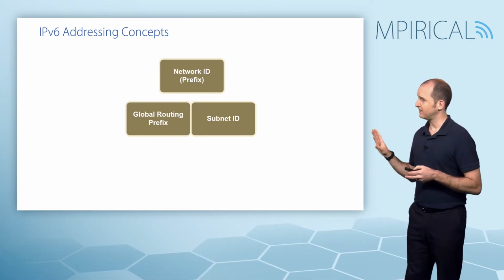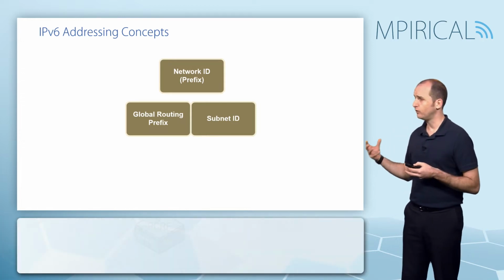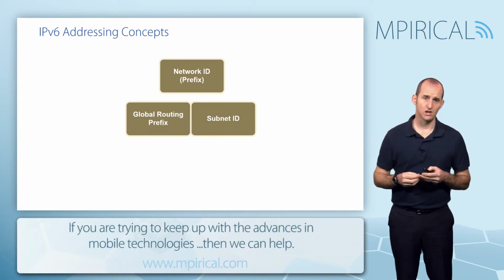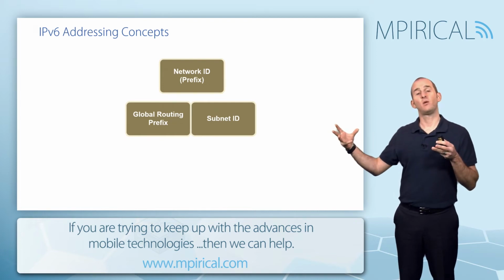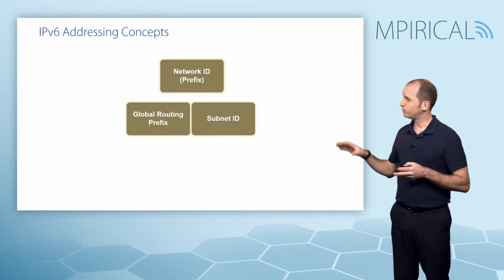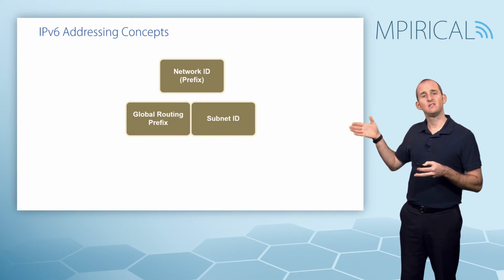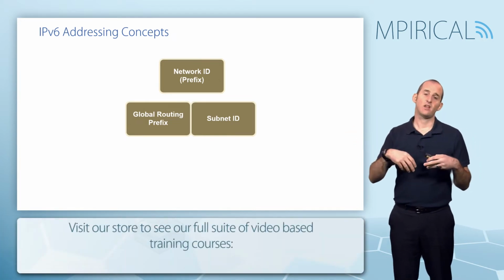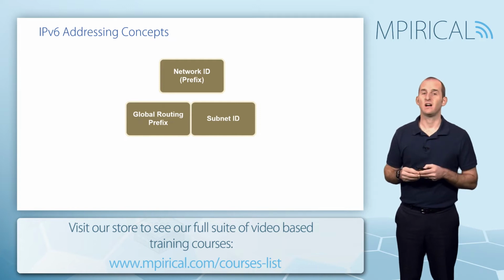So in reality, we can break this prefix, this network ID, down into what is called the global routing prefix. So this is the element of the address that ultimately gets us from our source network to our target network. But once we get to the target network, we can then subnet the network down so that the network address space is more manageable by the routers on that target network.